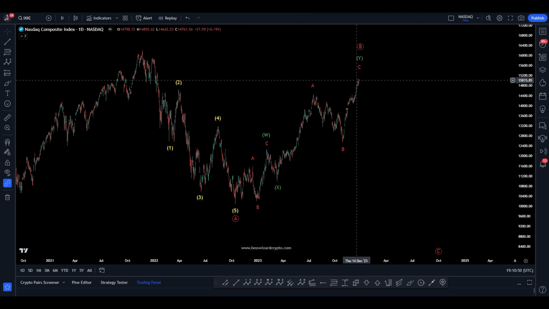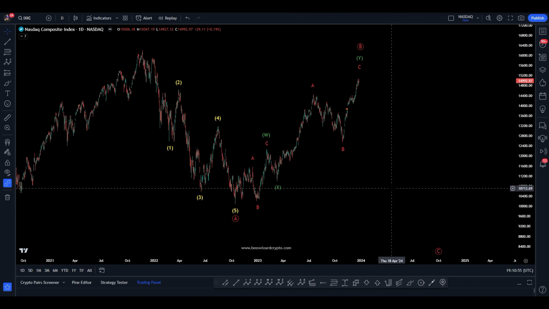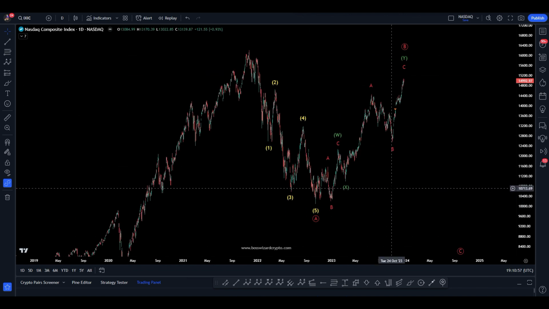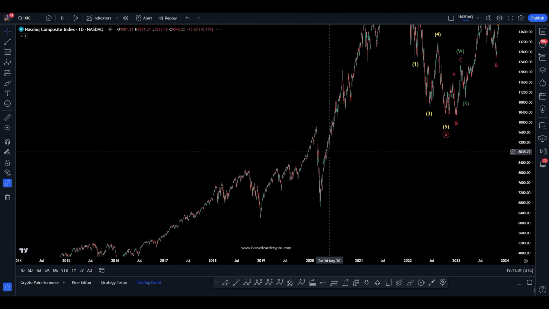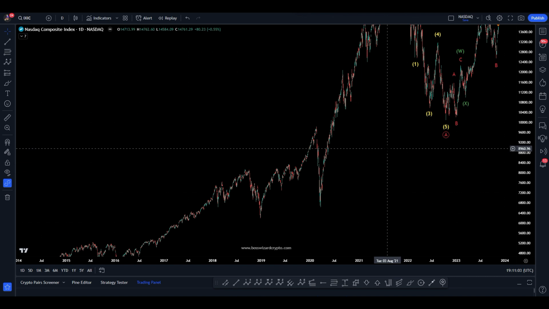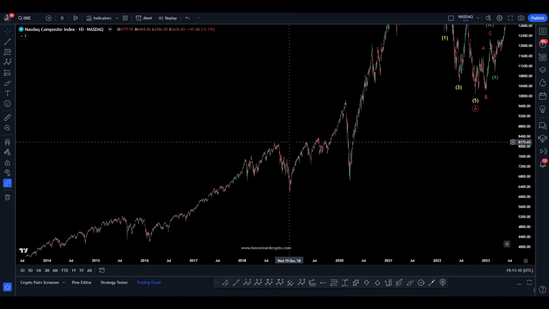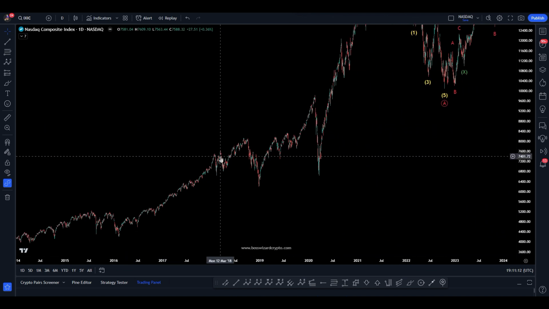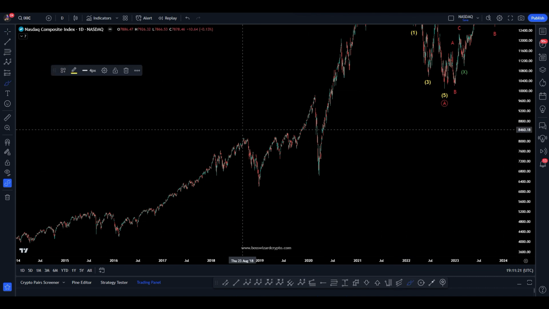Okay. Here's actually a good example. Here on the Nasdaq composite, and I don't have this part labeled, but in the S&P we had an expanding triangle, right? This is not an expanding triangle. Your third wave ended here, okay, and then you got a running flat for your fourth wave, okay?